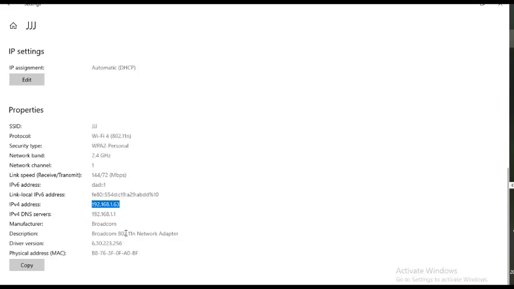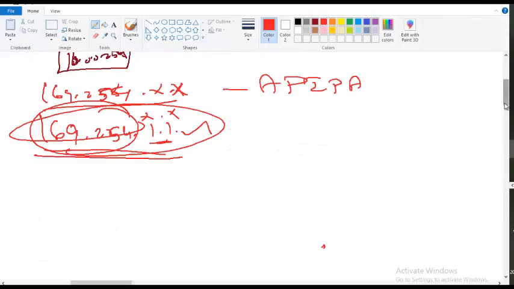I'm sure that the DHCP server has not provided me the address. I need to troubleshoot the DHCP server, not my laptop.